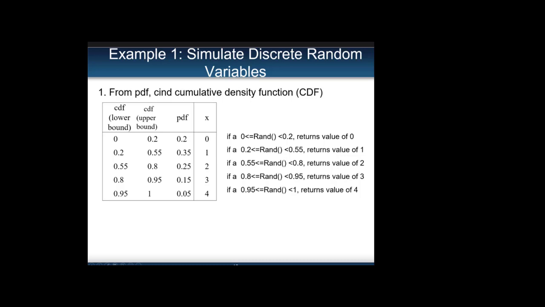So how likely we hit a value less than or equal to 2? We add up the 3 probabilities, 0.2, 0.35, 0.25, which is 80%. How likely we hit a number less than or equal to 3? 95%. How likely we hit 4 or below? That's all of the probability, 100%. So this is the upper bound of the cumulative distribution function.